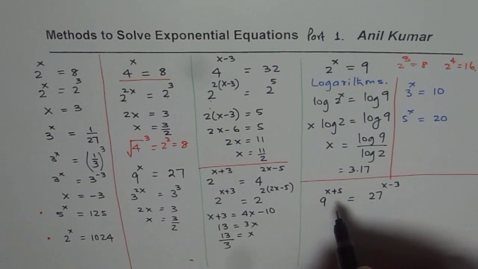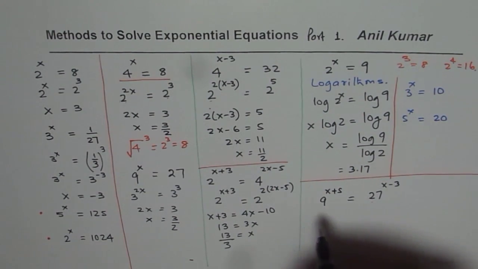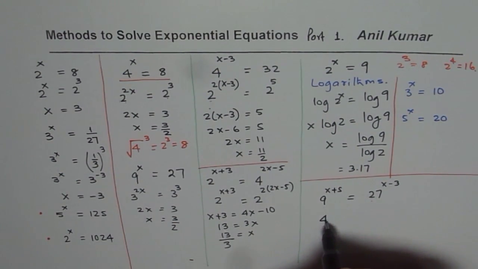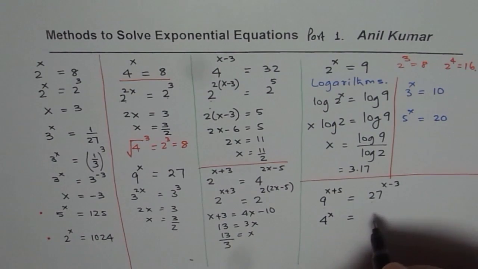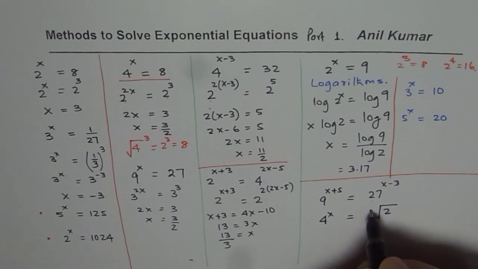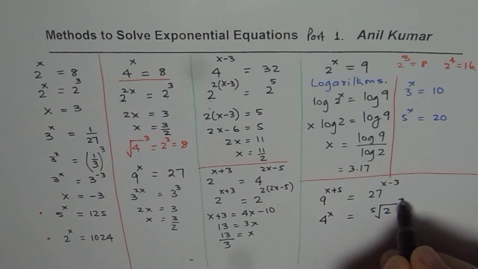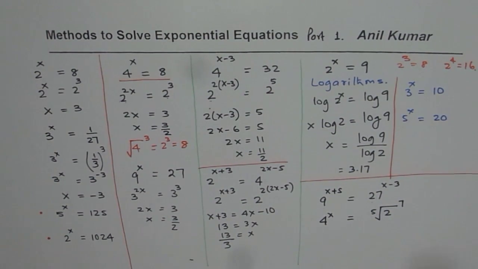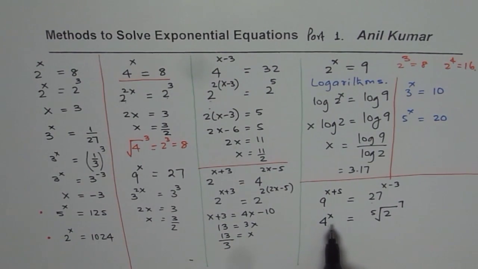Well, we could also at times give you equations with radical signs. For example, if I write 4 to the power of x equals, let us say, fifth root of 7, right? So I could write an equation like this. This is also an exponential equation. Try to find the solution of this particular equation from the techniques which we have learned so far.